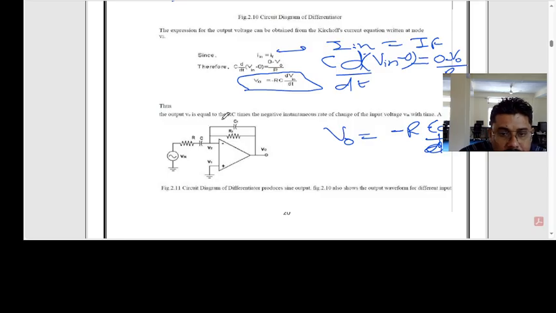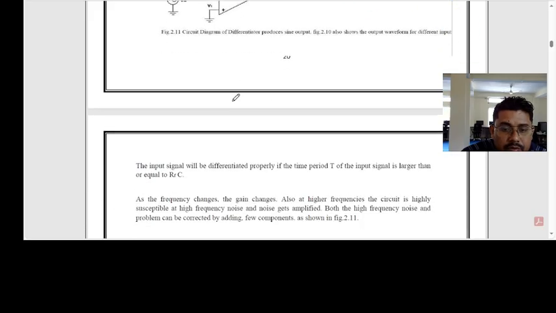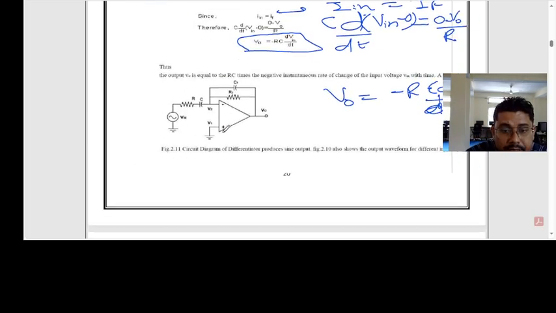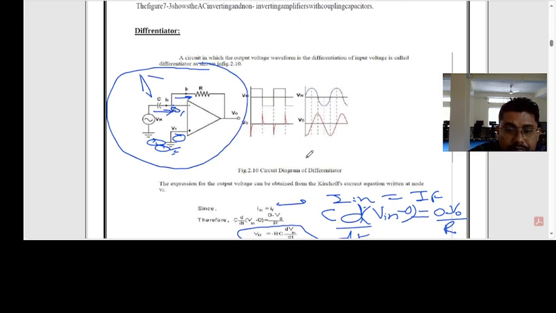The output is the negative instantaneous rate of change of the input. This circuit is the differentiator amplifier, and this is the first order differentiator circuit.